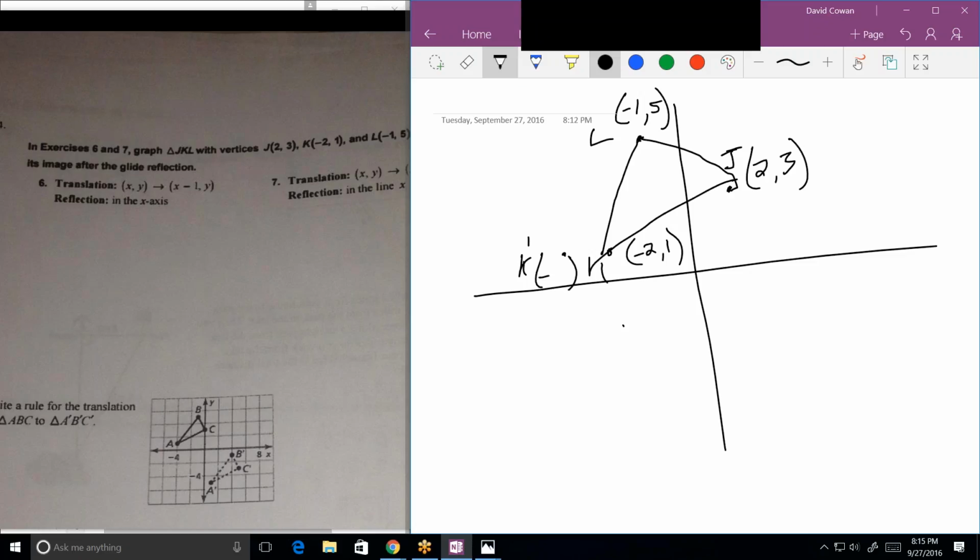You got it. What's L prime? Negative 2 comma 5. And finally, what's J prime? 1 comma 3.